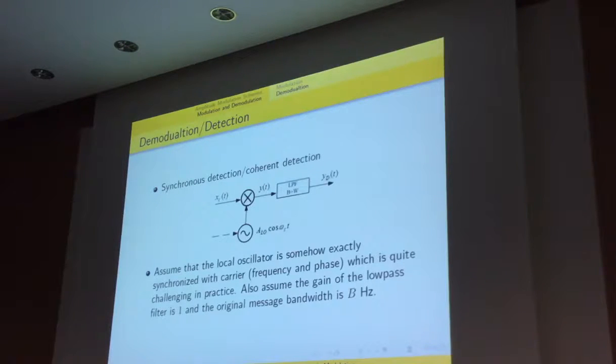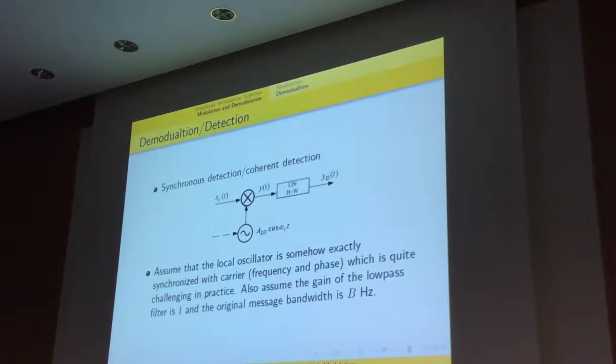All right, demodulation. We have mentioned the envelope detector, right? Remember, we have an envelope detector for AM-DSB with mu less than or equal to 1. In this part, we are not talking about those envelope detectors. We are talking about the coherent detector, or coherent demodulator.